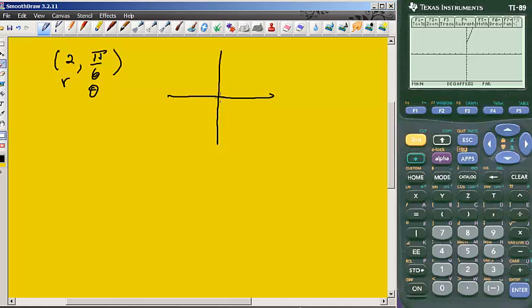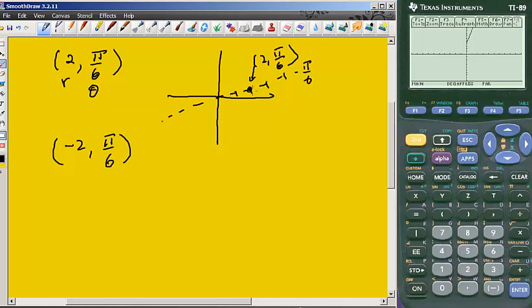So you go to the pi over 6 line, and you go 2 units, 1, 2, 3, 4. This point is 2 comma pi over 6.